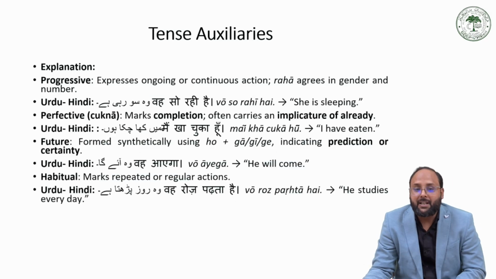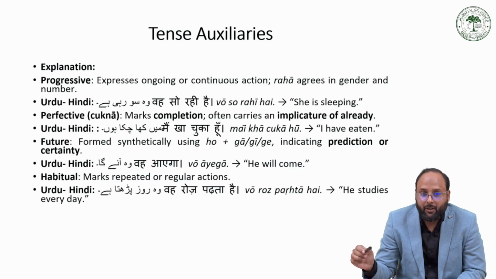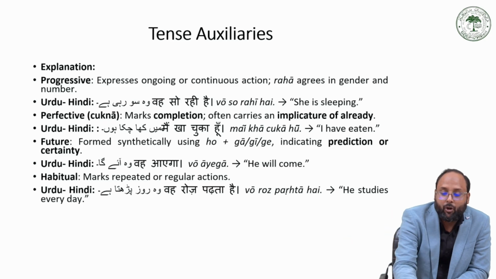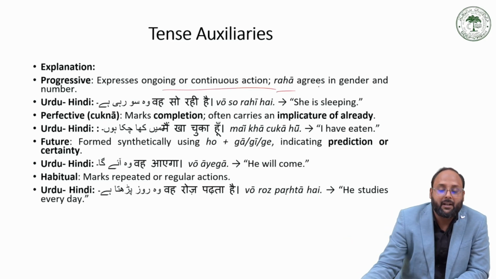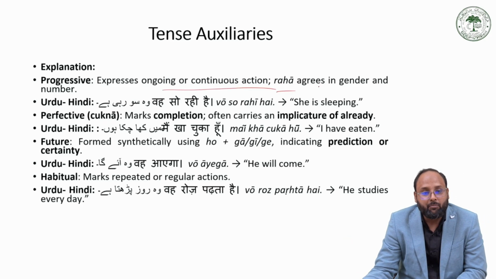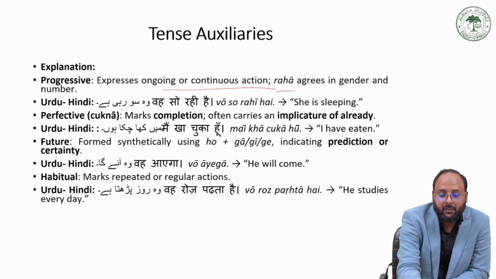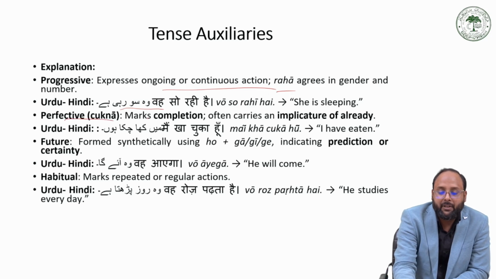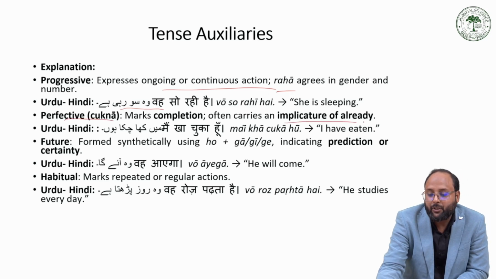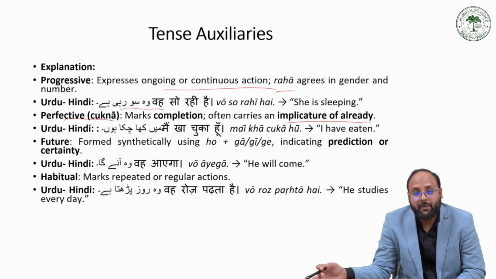So the progressive aspect or the progressive participle expresses the ongoing or the continuous action by just adding raha. And the number, in Urdu Hindi, so we have examples like वो सो रही है and वो सो रहा है sometimes. And perfective is completion, so it is the implication of already, something happened already.